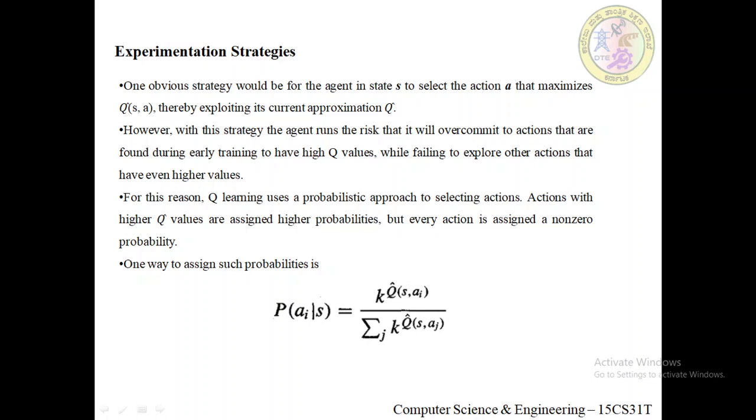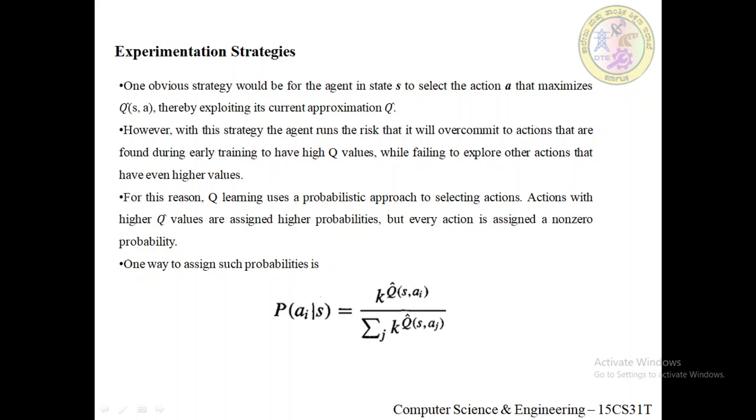One obvious strategy for an agent in state s is to select the action A that maximizes Q cap of s comma a, thereby exploiting its current approximation Q cap. However, with this strategy the agent runs a risk that it will overcommit to actions that are found during early training to have high Q values, while failing to explore other actions that have even higher values.